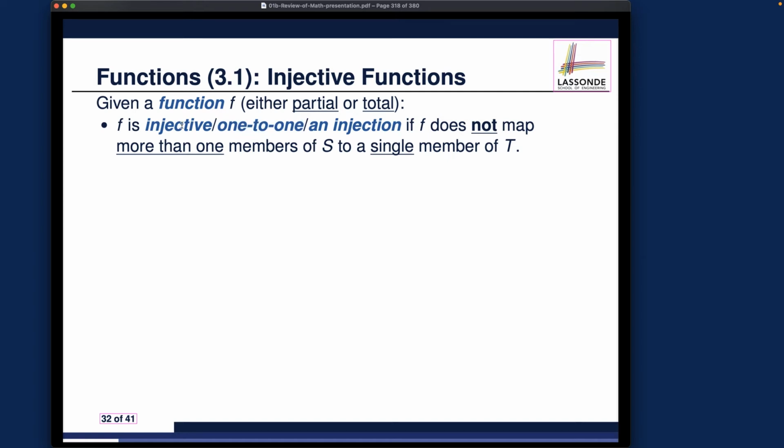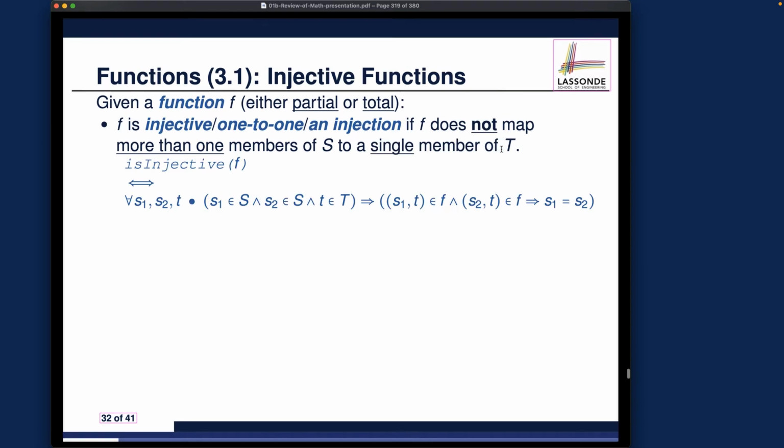Again, F can be said to be injective, or can be one-to-one, or it might be just an injection. If the function does not map more than one member of the first set S, well, we're talking about the relation between S and T, into a single member of T. So it is not allowed to map more than one member into the same member. That's basically how you should remember it informally.